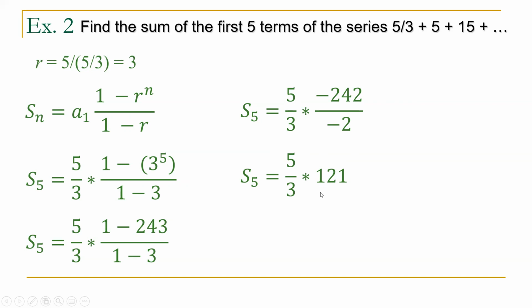And yung sagot niya, divide niyo sa 3. So, yung magiging sagot is 605 over 3. Kailangan yung sagot dito is hindi decimal because meron tayong fraction, in fraction form yung nasa first term natin. May denominator na 3. So yung sum of the first 5 terms natin is 605 all over 3.